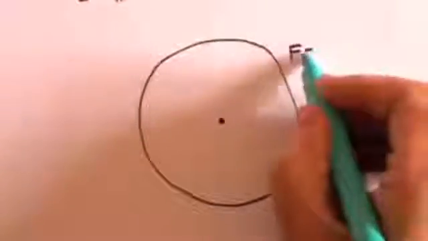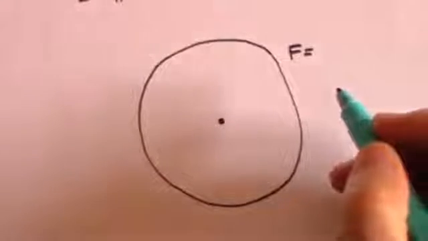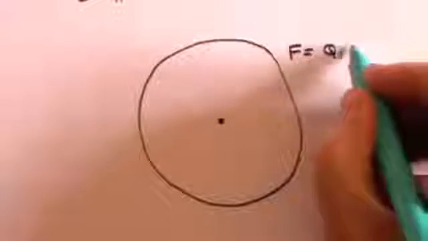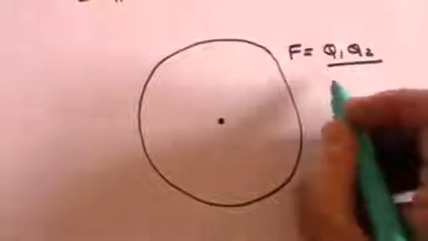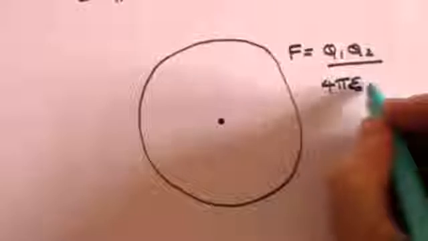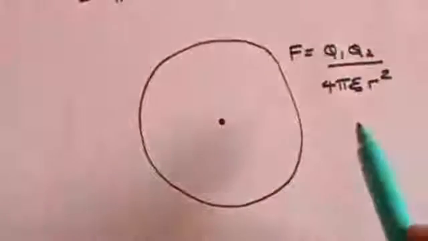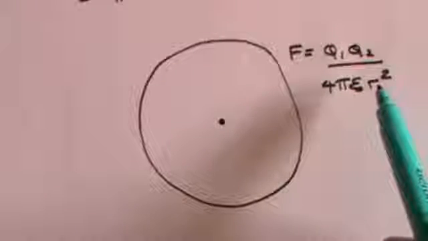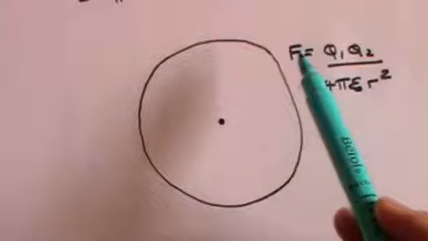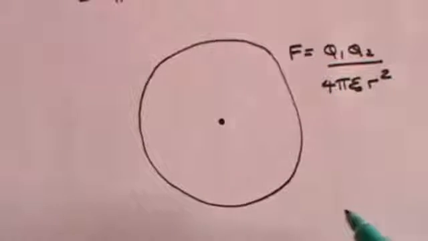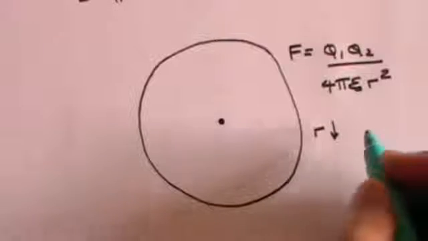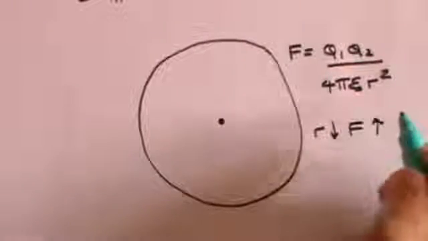We remember always that the Coulomb force of repulsion, because it will be between an alpha particle and a gold nucleus, both of which have positive charges, the force of repulsion is Q1 Q2 over 4 pi epsilon naught r squared. And the key point here is that as r decreases, in other words, as an alpha particle gets closer to the nucleus, the force of repulsion will increase. So as r decreases, the force increases.